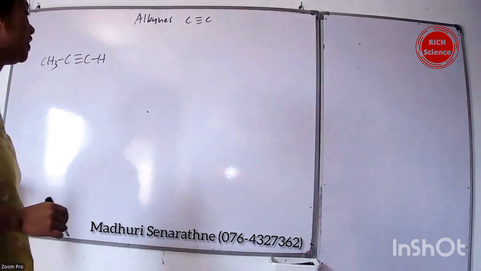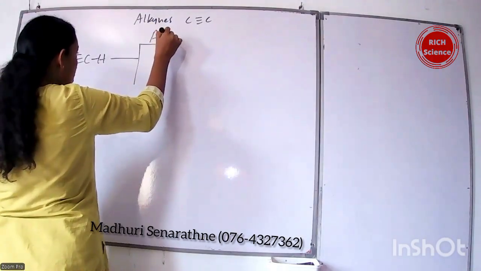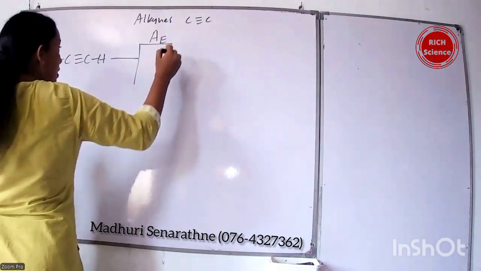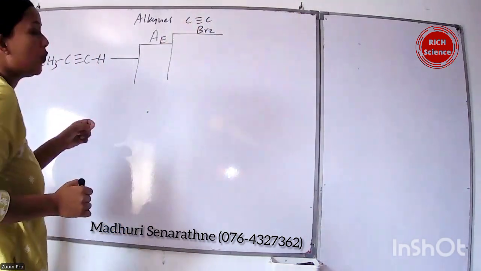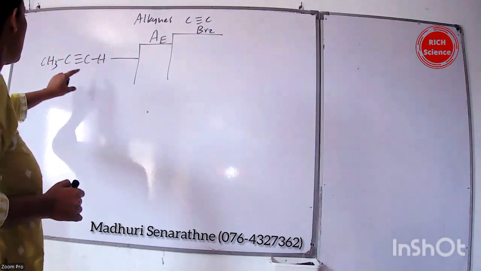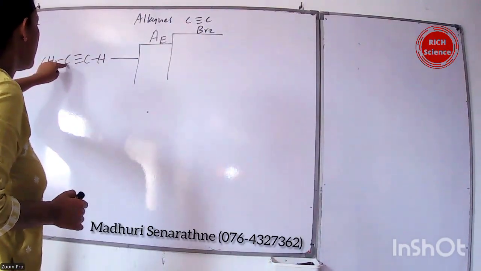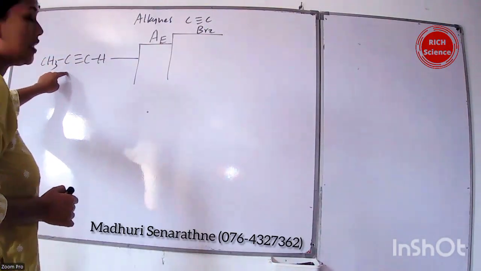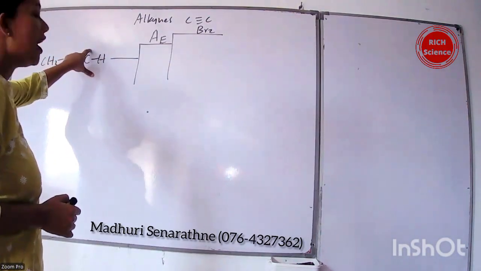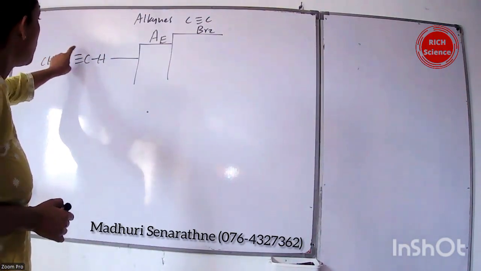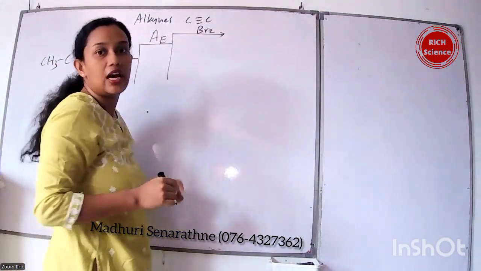Like alkenes, here also we discuss the electrophilic addition reaction. First, Br2 addition. When Br2 liquid is added to an alkyne, 2 bromine atoms are attached to a single carbon, which means 4 bromine atoms should add to 2 adjacent carbon atoms. Like this, the number of carbons is not changed.